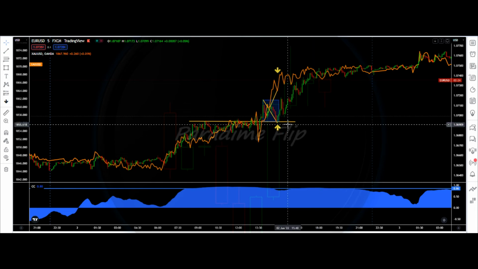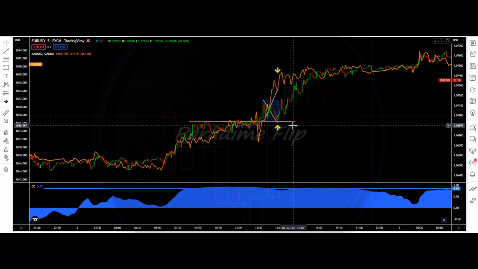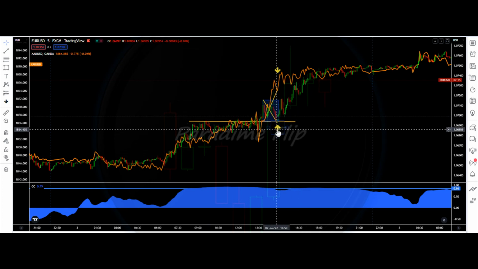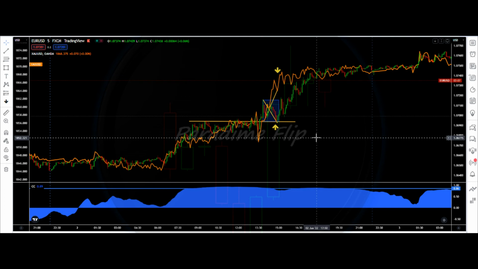So we can essentially assume that this pullback or consolidation into the retest of this balance area is actually accumulation for buying, and we can make that assumption with good probabilities on our side.